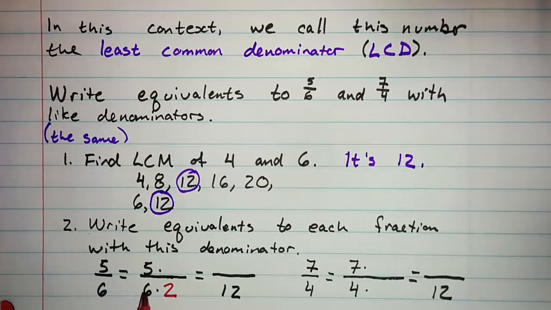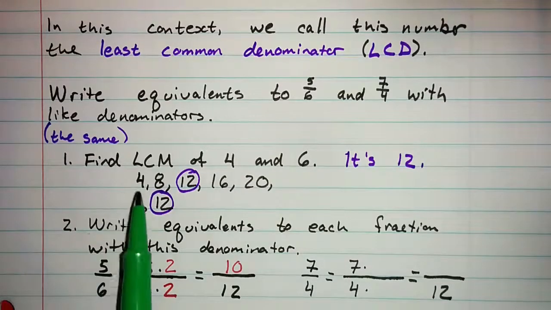We can see that by counting 1, 2 in our list, or by consulting our multiplication table. So because we're cutting each sixth into 2 equal parts, our 5/6 are each going to be cut into 2 equal parts, and we'll end up with 5 times 2 is 10/12. Alright, what about 4? 4 times what is 12?